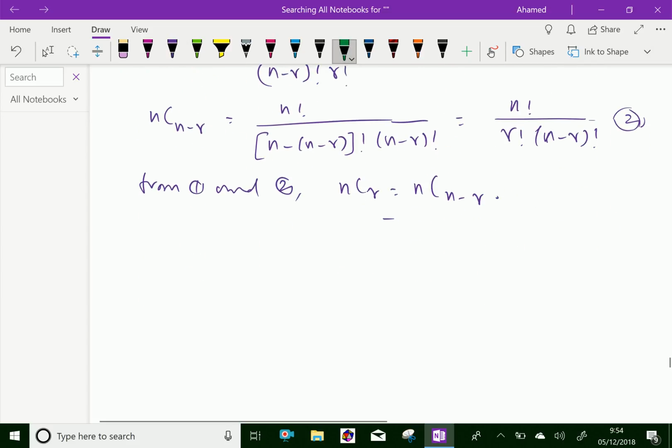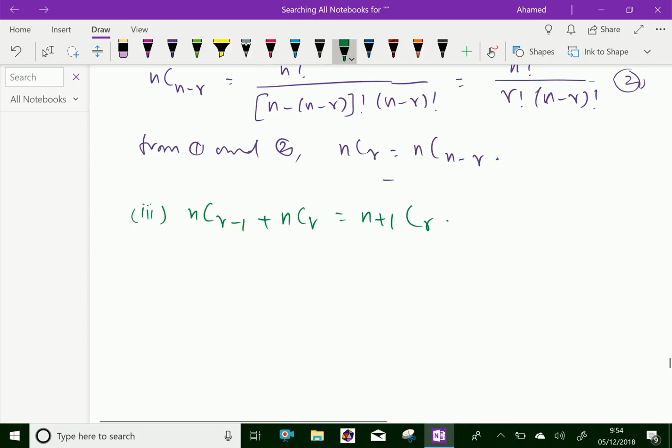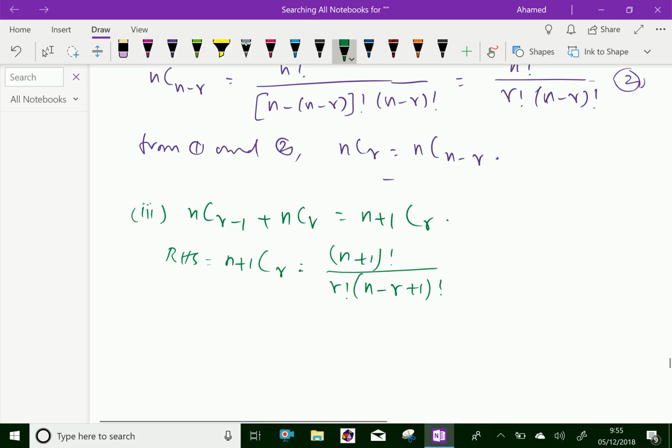One more thing here: nC(r minus 1) plus nCr equals (n plus 1)Cr. Let us prove this. RHS: (n plus 1)Cr gives n plus 1 factorial over r factorial into n minus r plus 1 factorial. Let it be 1.